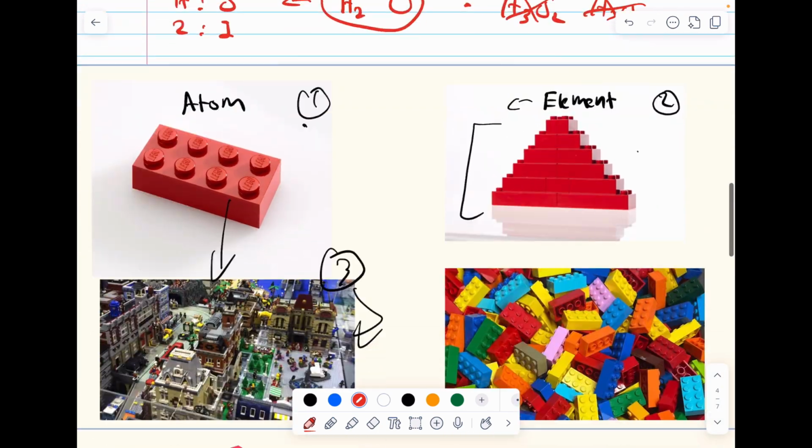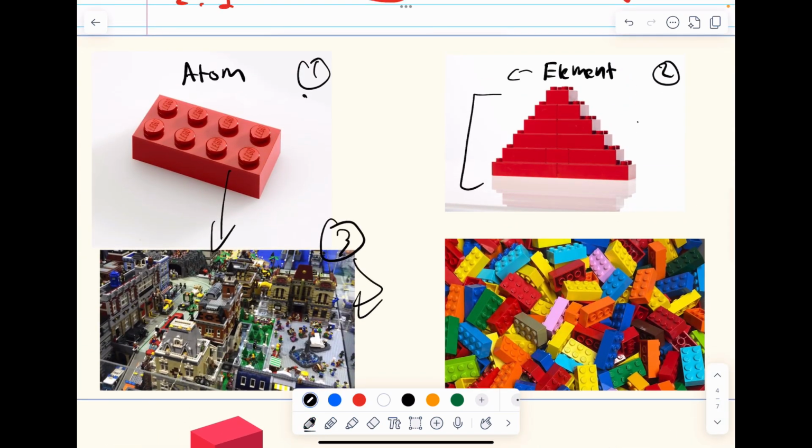So imagine this Lego city over here. Look how all the Lego pieces are just combined together. It's so connected. That's how you make a Lego city. You can't just take a piece: if I want this specific piece over here, I can't just take it.